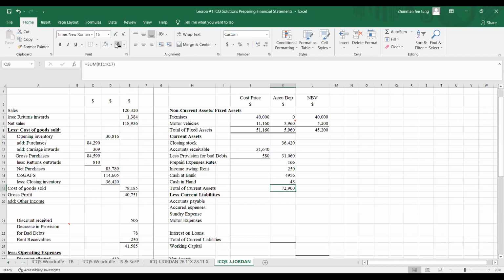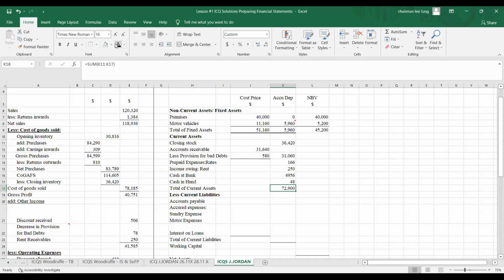So please note the format of our current assets section. When we are looking at a format, you should know income owing, current assets, prepaid expenses, current assets. If I had accrued expenses, expenses that are owing, we know it's a current liability.